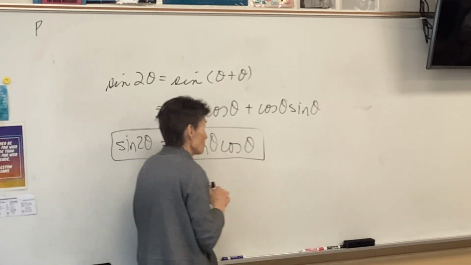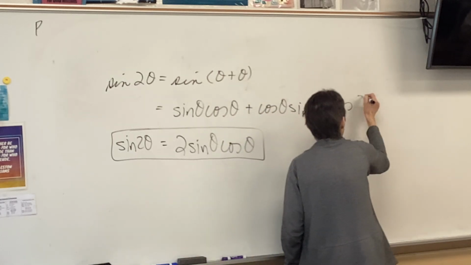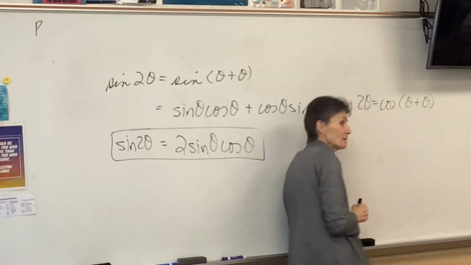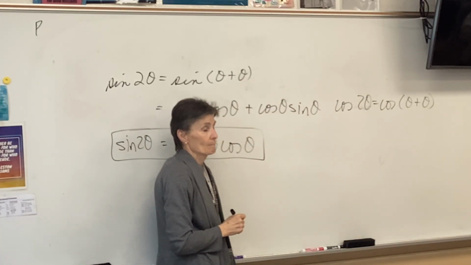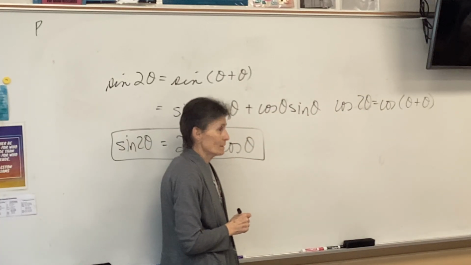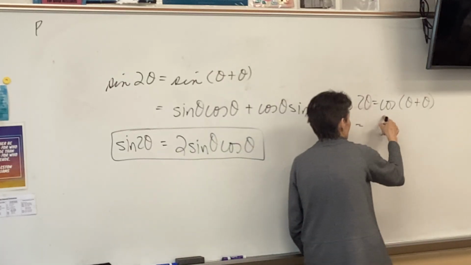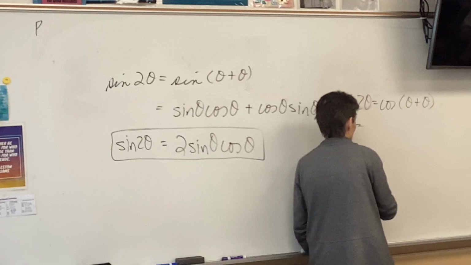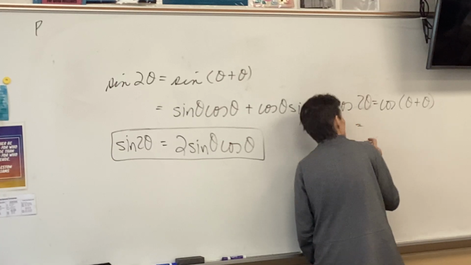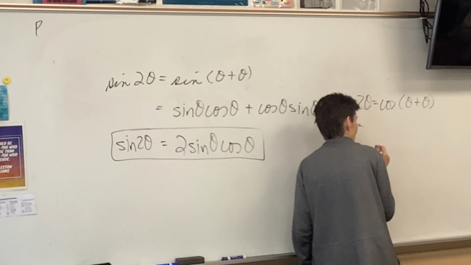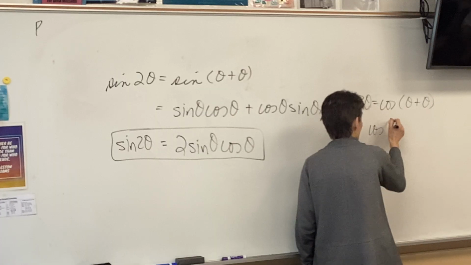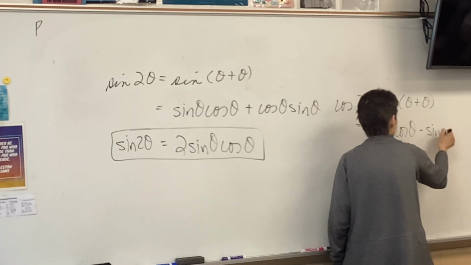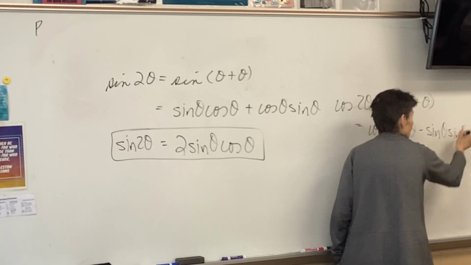And we do the same thing with cosine. Isn't cosine 2 theta the same as the cosine of theta plus theta? What's that formula say? You believe cosine alpha plus beta is cosine first, cosine second, minus sine first, sine second?